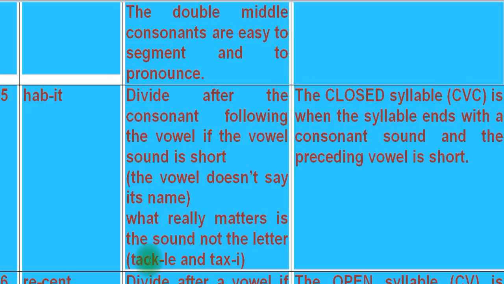So, tackle, it ends in a consonant sound made up of CK, the digraph, and we have already mentioned that a digraph is never separated. And also, tax, the X letter here gives the sound of ks. The closed syllable, which stands for CVC, is when the syllable ends with a consonant sound and the preceding vowel is short.